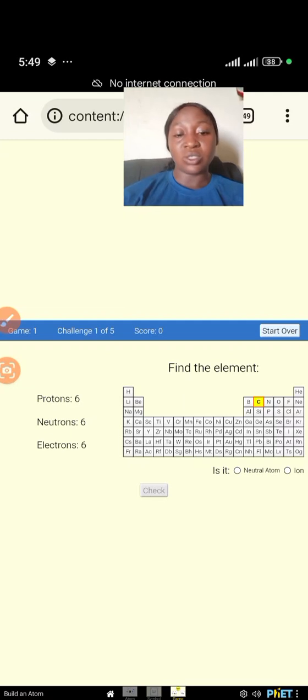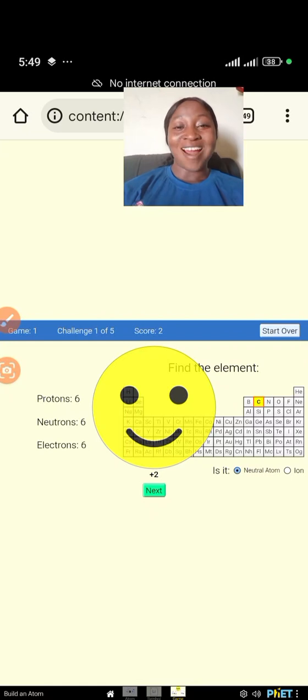So it means this element has atomic number of 6 and mass number of 12, and that is carbon. And they are asking me, is this neutral or ion? It's neutral. So let's check it. Wow, we got it.